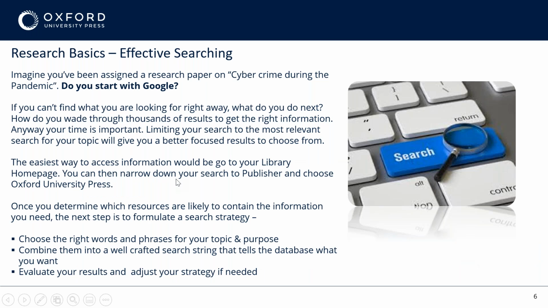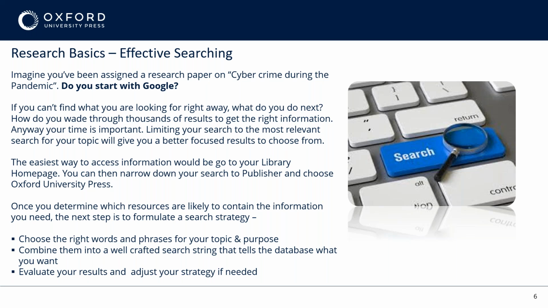Once you have gone to your library page and decided, your next step will always be to formulate a search strategy. How will I start? First thing you will do is you will choose the right keywords. If you choose the right keywords, it will give you the right information. And then you will have to combine them into a properly crafted string.